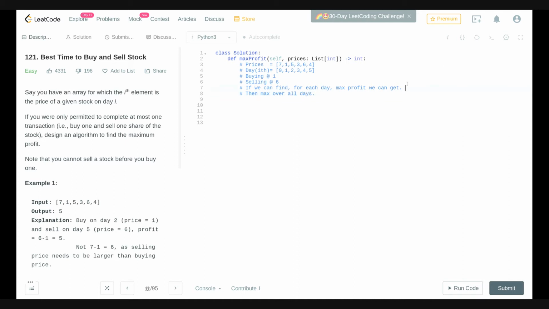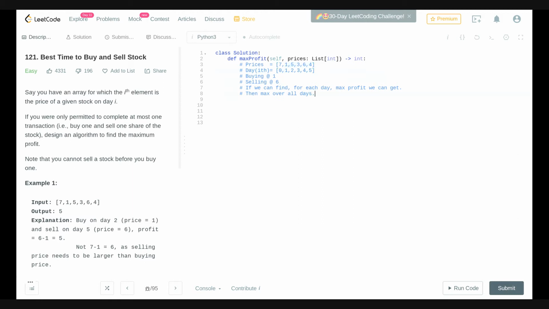It's easy. Now to do this, we can pick a day i and try to find another subsequent day where we sell that stock. Basically, if we buy on day 0 at price 7, we can loop over the next days and find where to sell it.